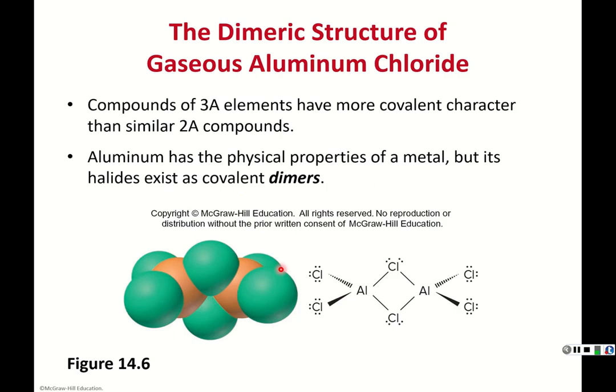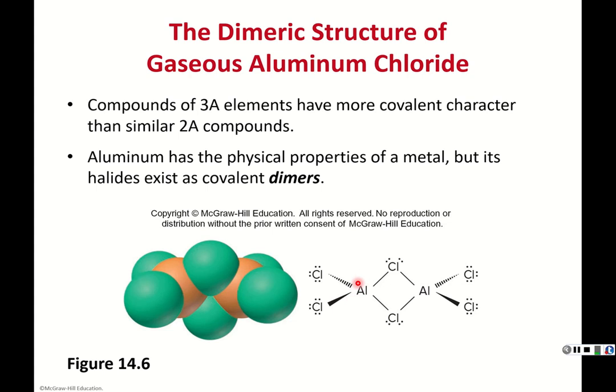Well, there are some other elements in this group that form sort of similar bonding. They're not the same with 3 centers and 2 shared electrons, but they have the same look and same geometry as these bridge bonds in diborane. And aluminum is one of those.